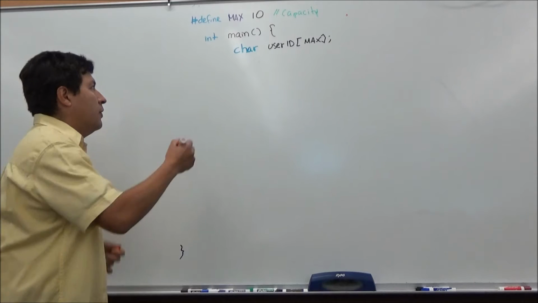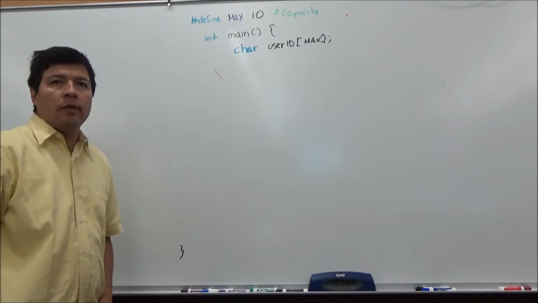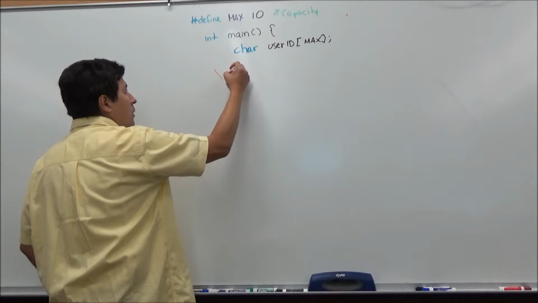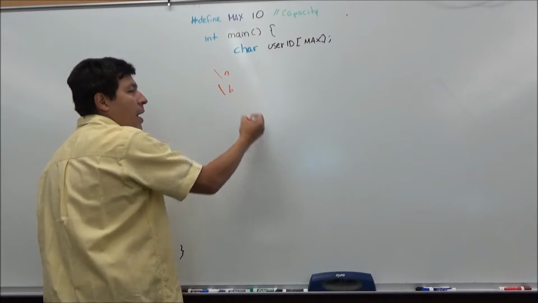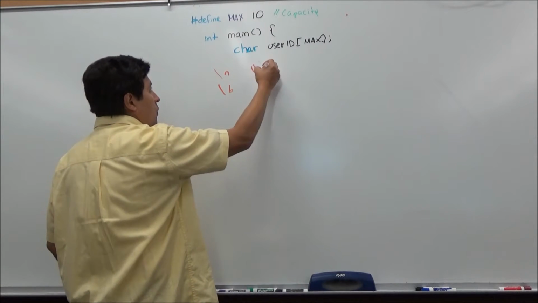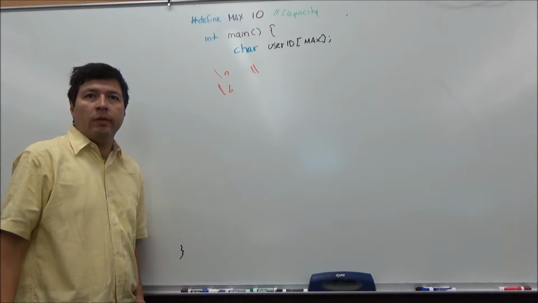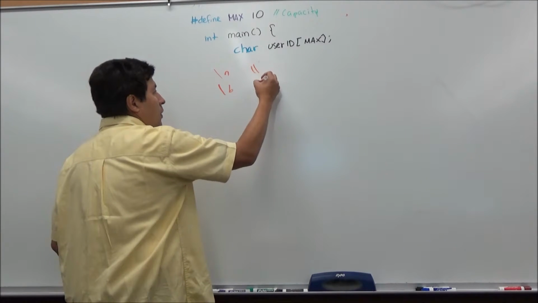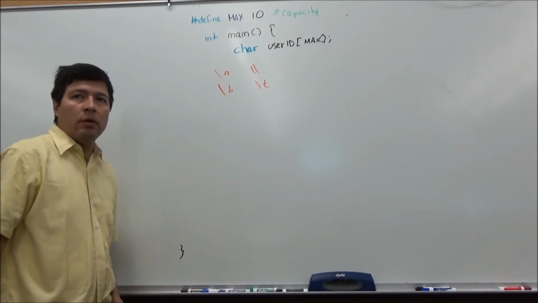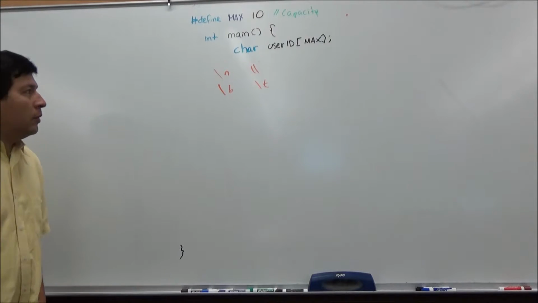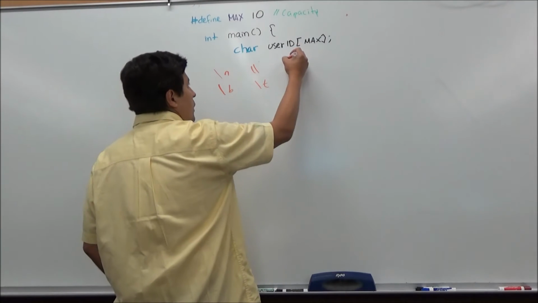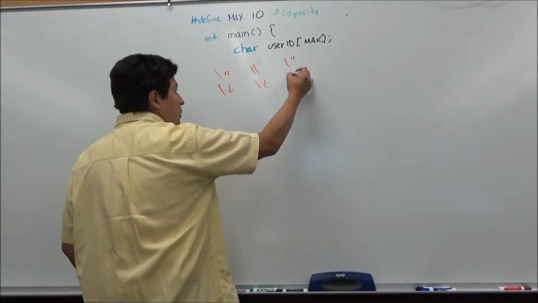Escape characters are this, right? We use \n for new line. We use \b for backspace. We use \\ if you want to print the actual backslash. We use \t for tab. There's the double quotes, single quotes.